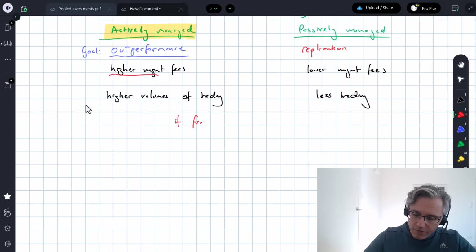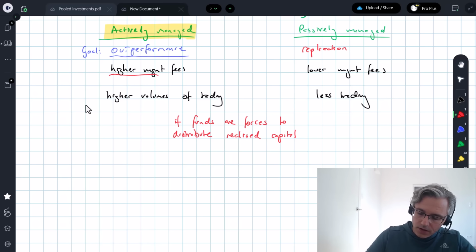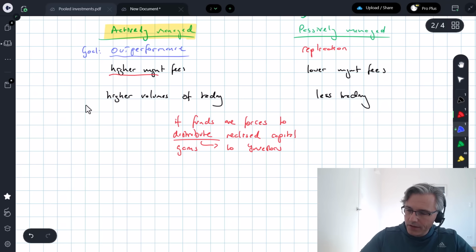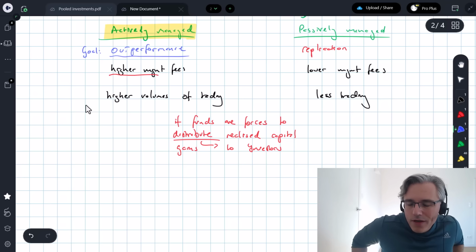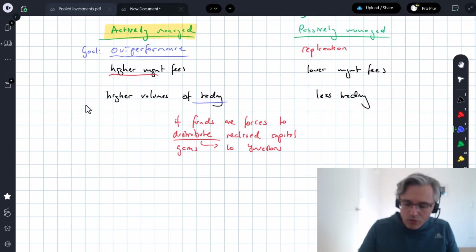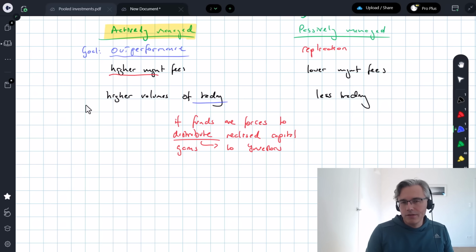So if funds are forced to distribute realized capital gains, obviously distribute means pay them out to investors. What will happen is, because they trade a lot more, at least the actively managed funds, they trade in and out more.